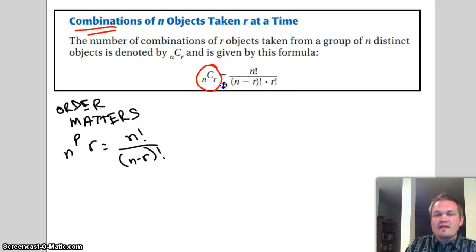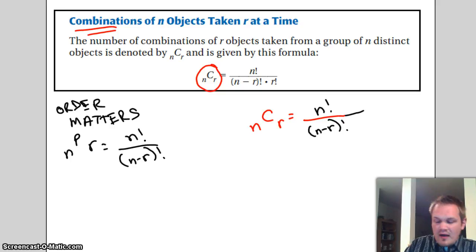You have nCr, or some people like to call it n choose r. It's the same thing as our permutation formula, but instead of ending right there, I also have this extra feature of dividing by r factorial. So this is our formula for combinations of n objects taken r at a time.